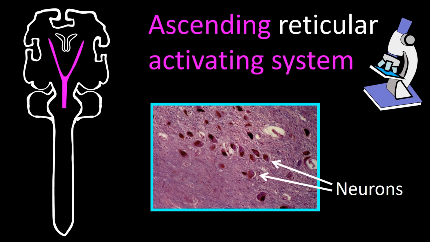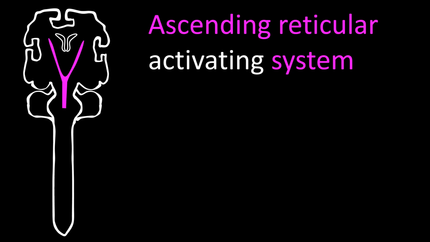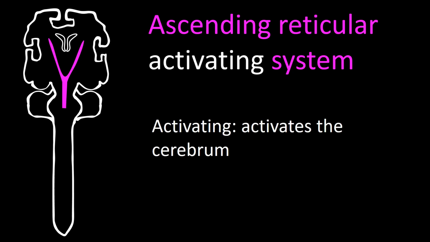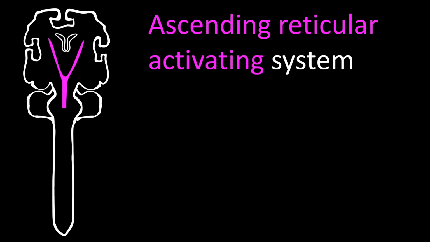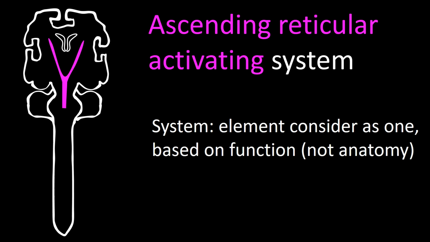In it, you can see neurons not packed close enough to form a nucleus, adjacent to fibers packed not tightly enough to be called tracts. It is called activating because it activates the cerebrum, and it is called a system because it is considered a structure based on functional cohesiveness rather than anatomical compactness.